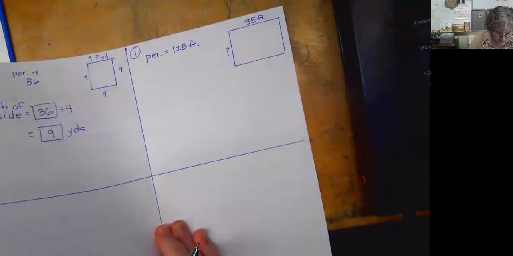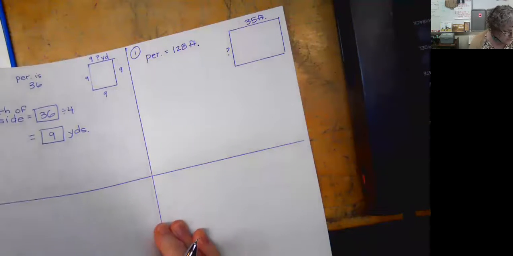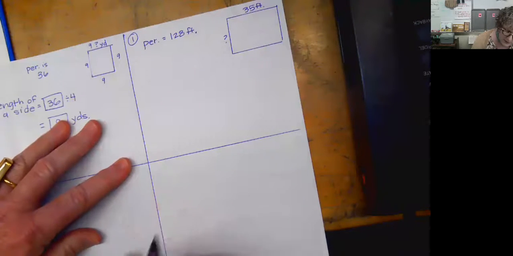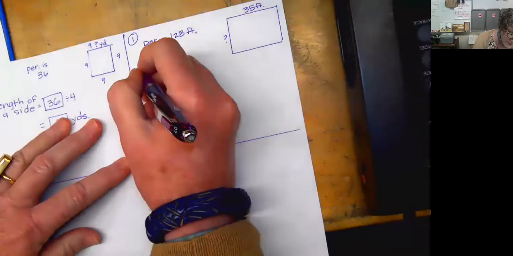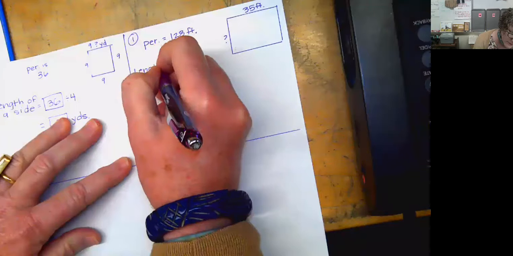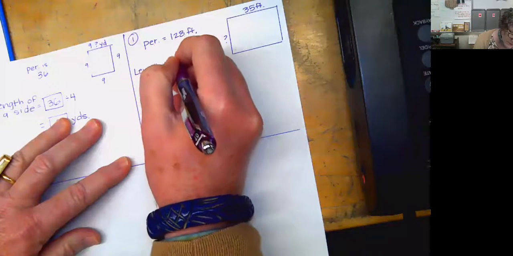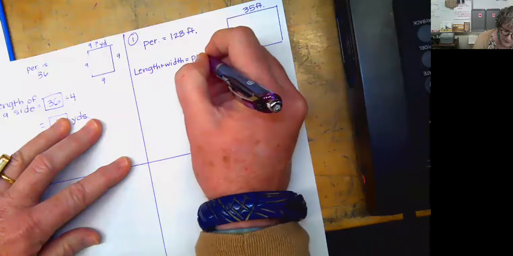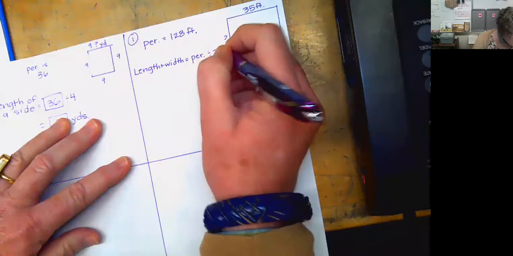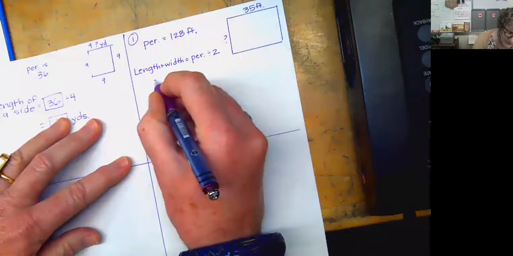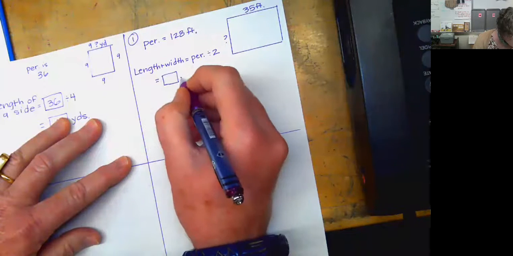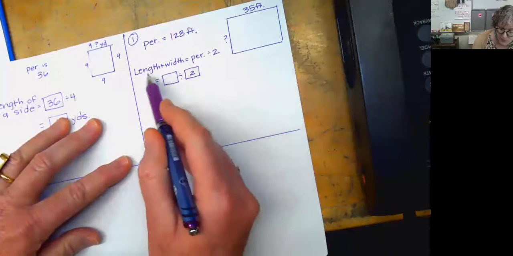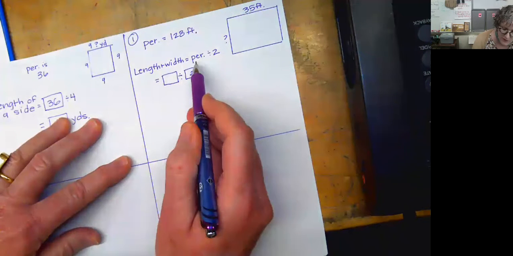So I'm going back to this page where they showed us all the green boxes, and they said length plus width equals perimeter divided by 2.